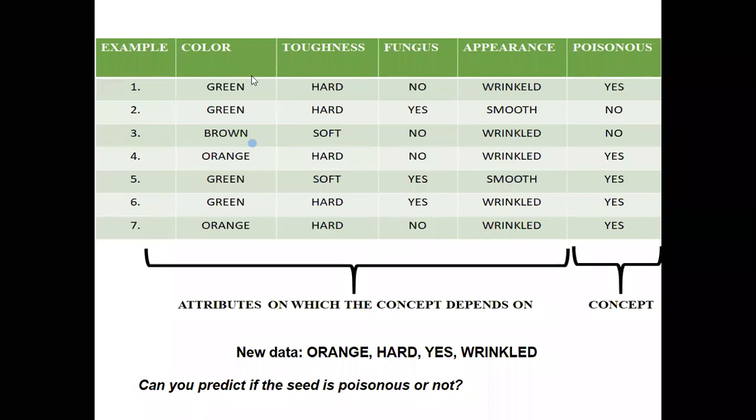So in this data set, 7 examples are there. Based on these features, we can classify the herbs as either poisonous or not poisonous. If its color is green, toughness is hard, and it has got no fungus and appearance is wrinkled, then you can call it a poisonous herb. So based on these column values, its particular class is defined here, yes or no.